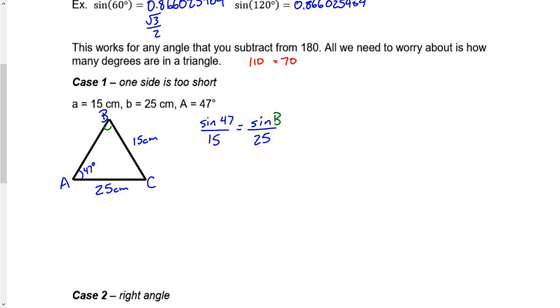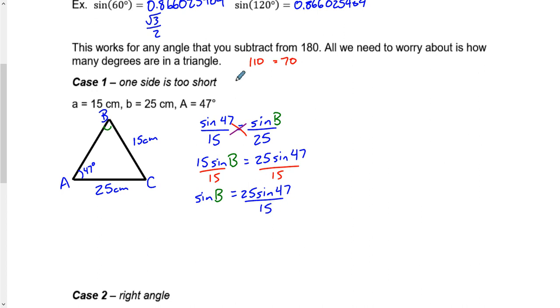So we do our manipulation, we do our cross multiplications. So 15 multiplied by the sine of B equaling 25 multiplied by the sine of 47, divided by the 15. Sine of B is 25 multiplied by the sine of 47 divided by 15.